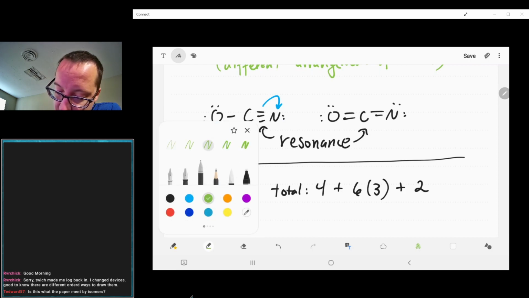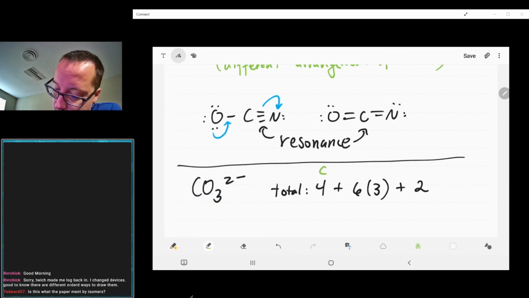This one is from the carbon, this is the oxygen, and this is the 2- charge. A 2- charge, remember, means you have 2 extra electrons. So we're going to want to take account of those in our total electron count. If we had a positive charge, we would take away electrons from our total. If we have a negative charge, we add electrons to our total.